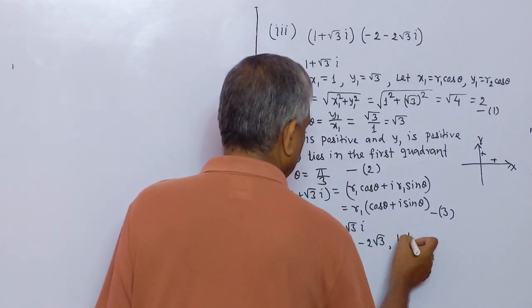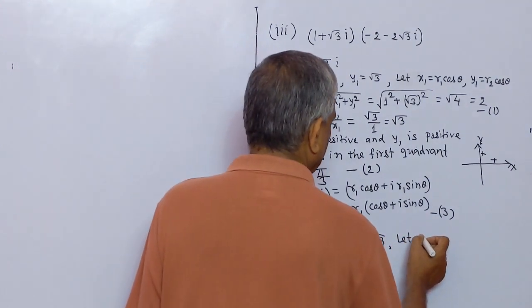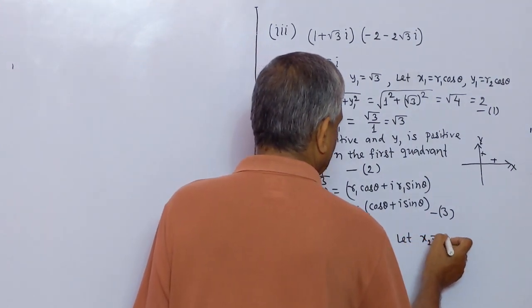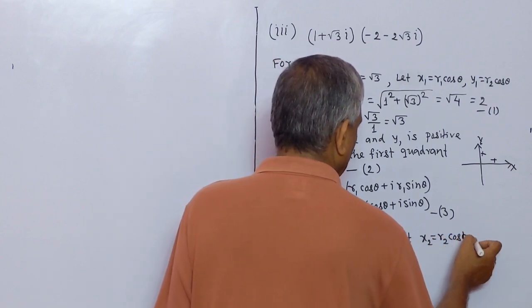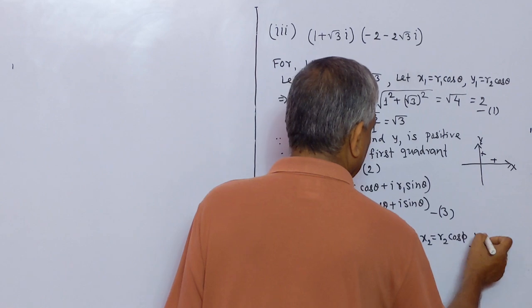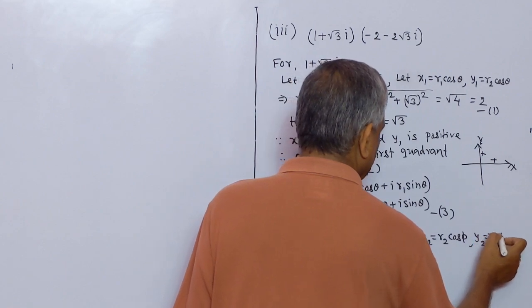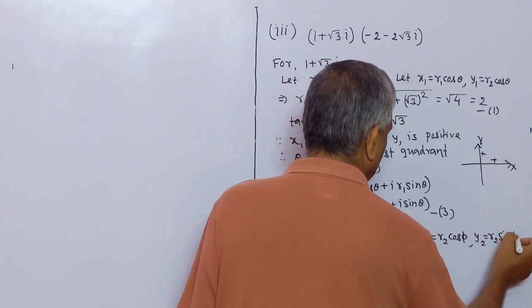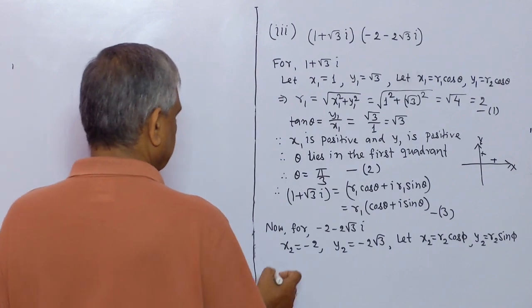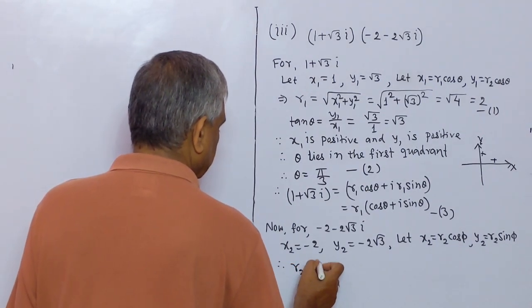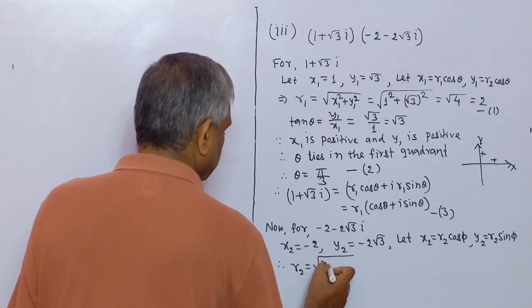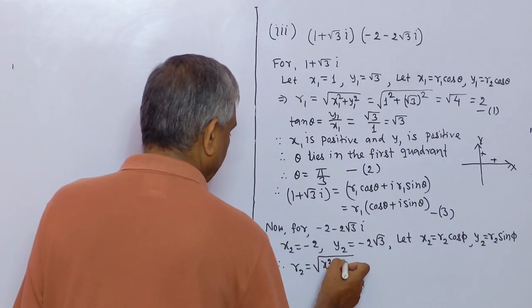Let x2 equal to r2 cos phi, y2 equal to r2 sin phi. Therefore, r2 equal to square root of x2 square plus y2 square.